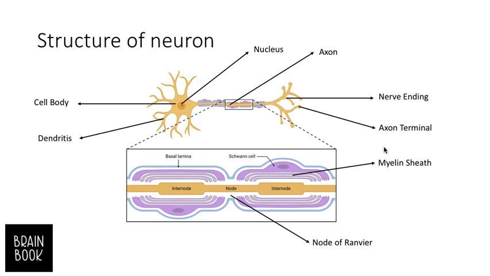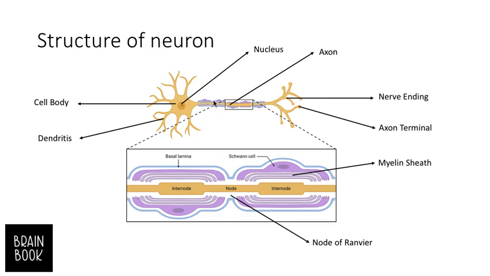These myelin sheaths have different functions. One of the functions is that it helps the information from the cell body toward the nerve ending transmit faster, and also it enables the neuron not to connect with other axons, and the transmission and conduction of the information is easier for the neuron.